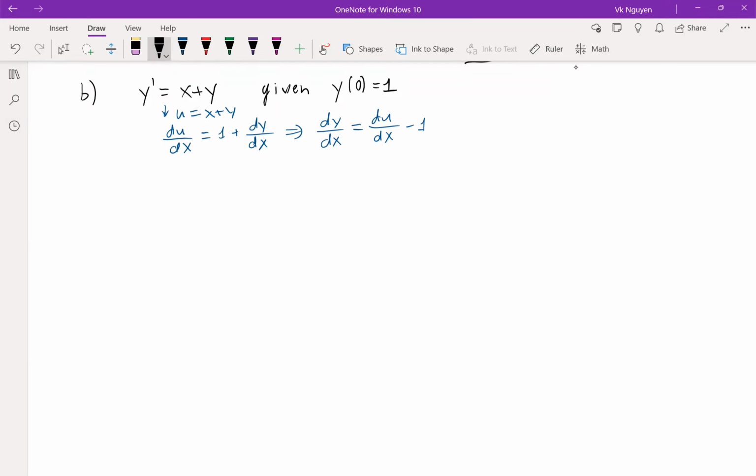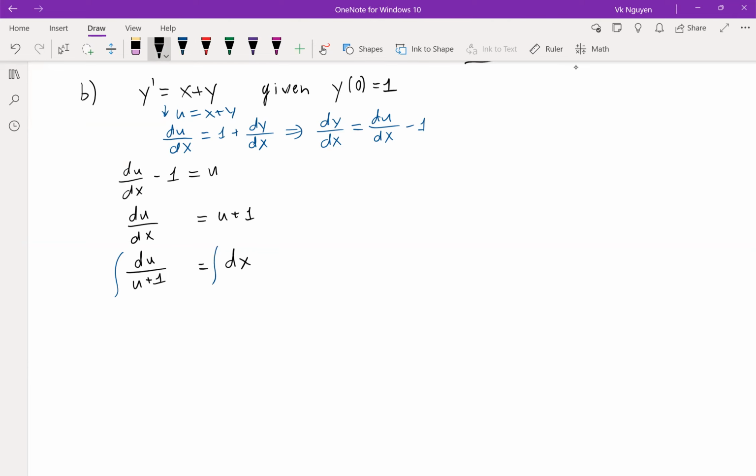Do the trick, use u, and we have du over dx minus 1 equal u. du over dx is u plus 1. So du over (u plus 1) equal dx. Now integrate both sides.